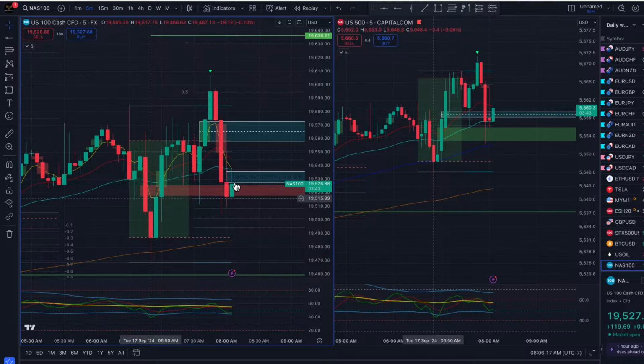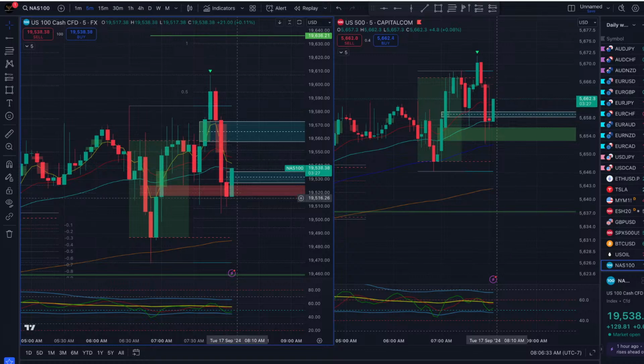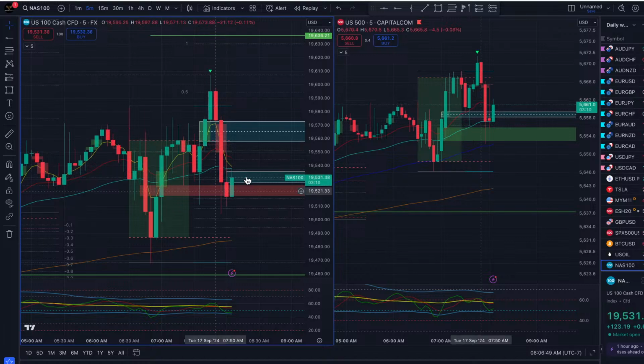We're still inside the New York fair value gap. Still on the other side of that consequence encroachment.